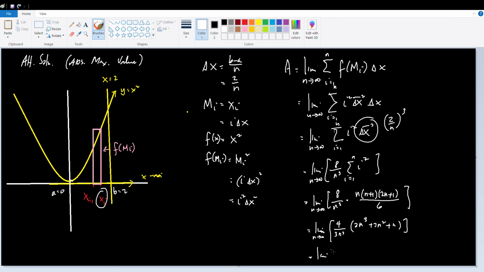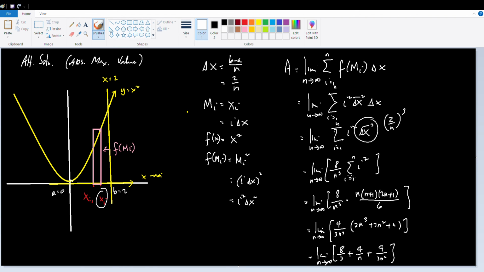And what do we get? That will be 8n cubed over 3n cubed, or 8/3, plus 4 times 3n squared over 3n cubed, that will be 4 all over n, plus 4 times n over 3n cubed is 4 over 3n squared, as n increases without bound.